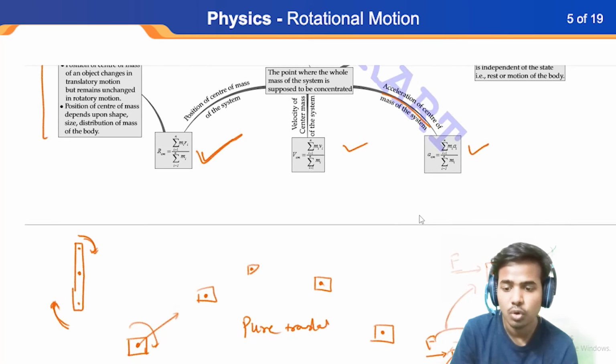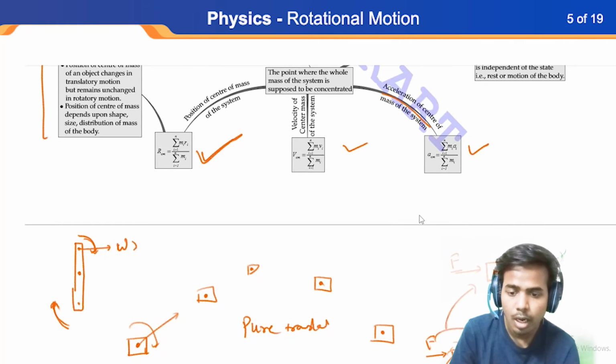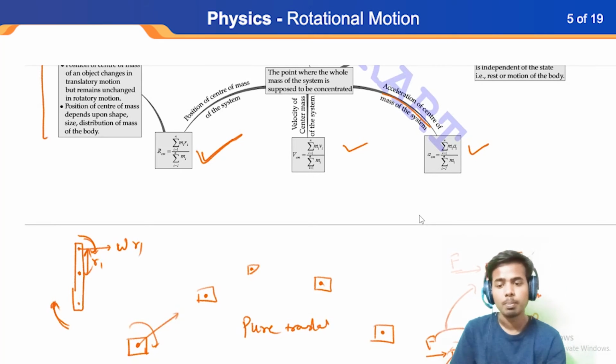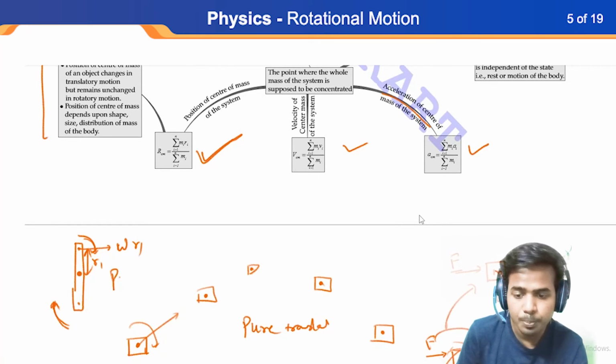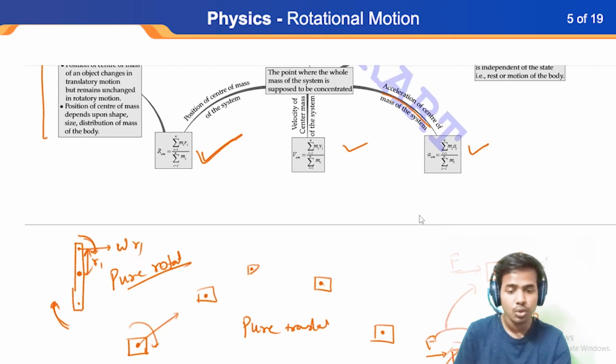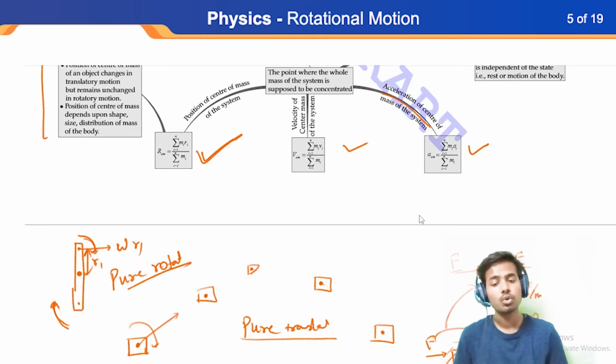For example, if you want to find the velocity of this one, it will be simply omega into r1, where r1 is the distance between the center of mass, or the axis of rotation, and that particle itself. But the velocity of the center of mass should remain 0. So this is called pure rotation, in which the center of mass remains static, and this is pure translation, in which there is no rotation, only the translation of the center of mass.